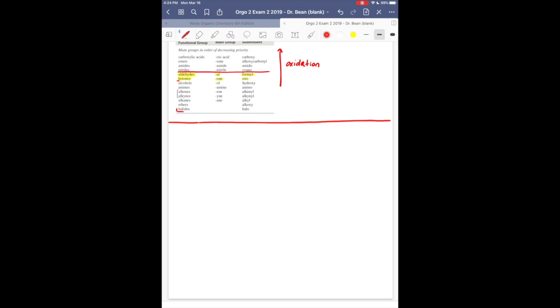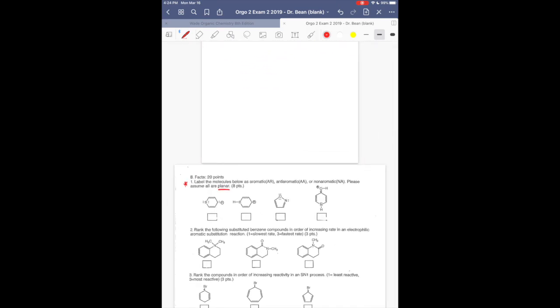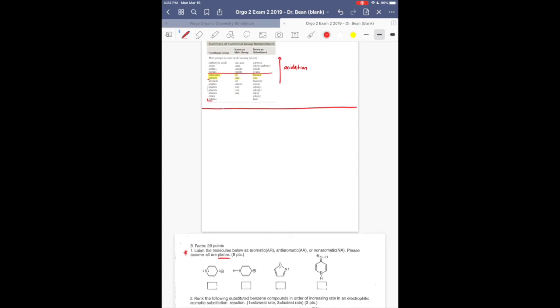Okay, and these are going to differ based upon their energy levels, aka how stable they are. So let's start, for example, with aromatic.